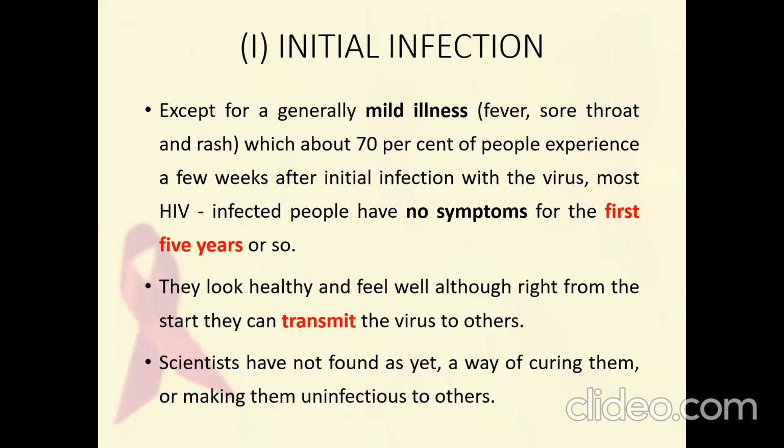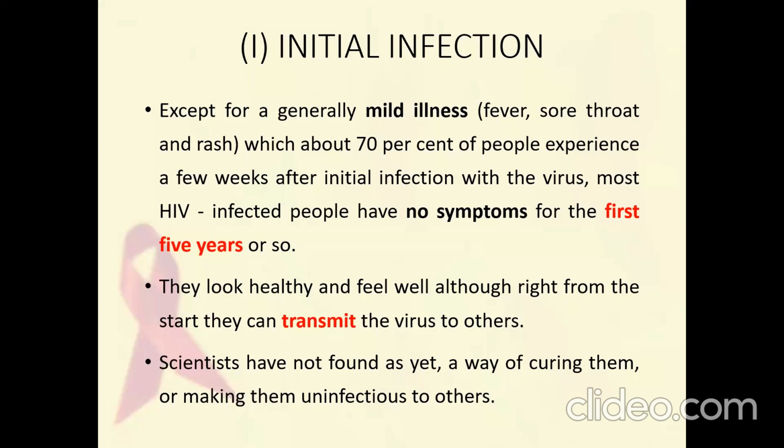So in the initial stage, general mild illness like fever, sore throat, rash, which about 70% of people experience a few weeks after initial infection. But most of the HIV infected people are asymptomatic for the first 5 years or many years.